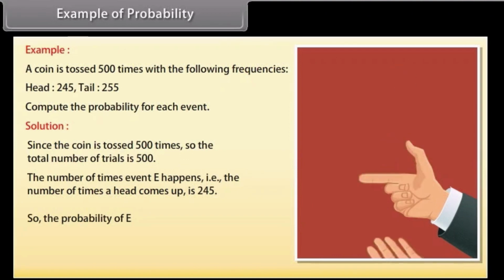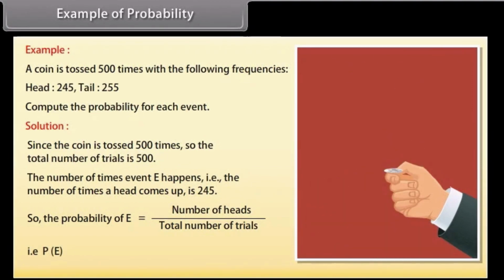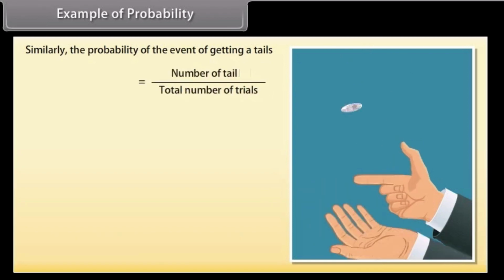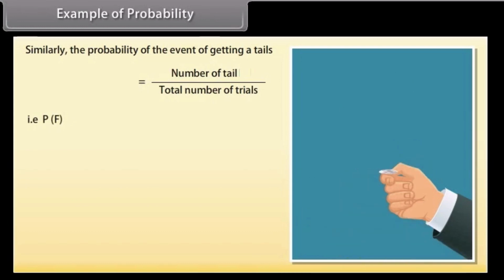So the probability of E is equal to number of heads upon total number of trials, that is, P(E) is equal to 245 upon 500 is equal to 0.49. Similarly, the probability of the event of getting a tail is equal to number of tails upon total number of trials, that is, P(F) is equal to 255 upon 500 is equal to 0.51.